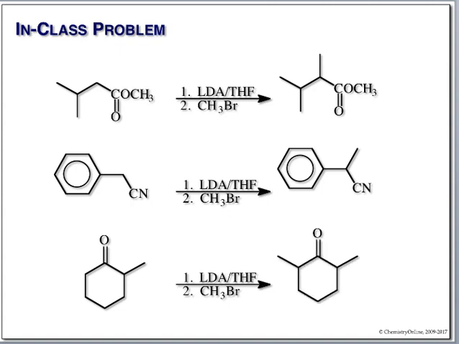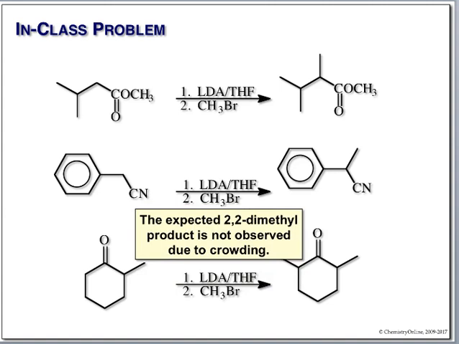However, the product we get is actually this one, because the geometry of the six-membered ring is such that doing a substitution here is unfavorable. It's just too crowded. So we actually wind up with the unexpected product. You wouldn't have to know that. Any questions?